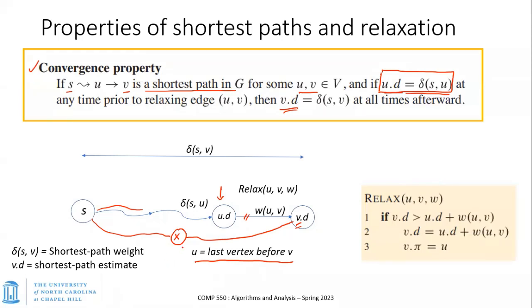So if there is another path through X, it'll be equidistant or it'll be longer. It can't be shorter because this is defined to be the shortest path. I hope that answers your question.